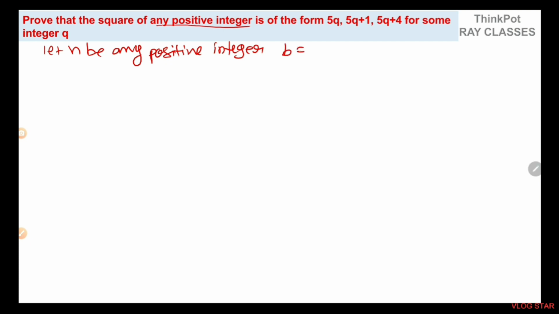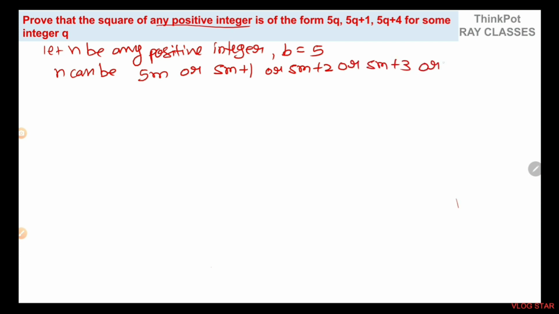And here b is equal to what? b is equal to 5. So your n can be written in the form of 5m, or 5m plus 1, or 5m plus 2, or 5m plus 3, or 5m plus 4, because the value of r can be 0, 1, 2, 3 and 4, because it has to be less than b.